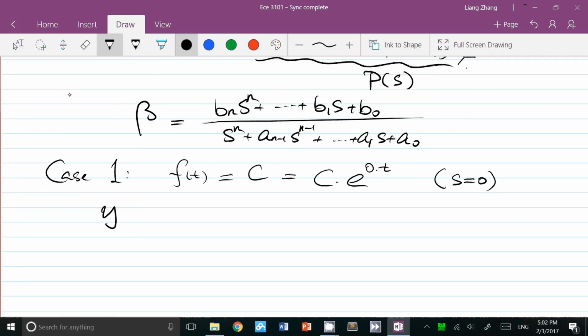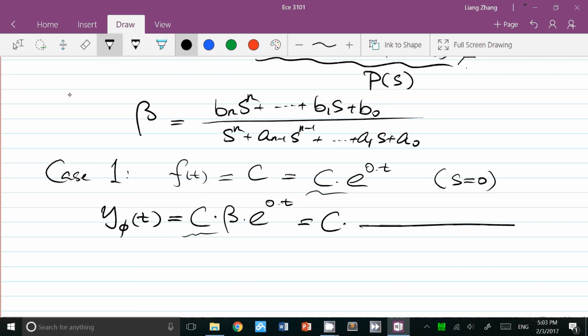Then the forced response, according to what we have earlier, should be equal to c times beta times e to the power 0t. Because we multiply by c, according to linearity, the response will also be amplified by the same factor. With s equal to 0, I replace all s with 0, which ends up with just b0 divided by a0.